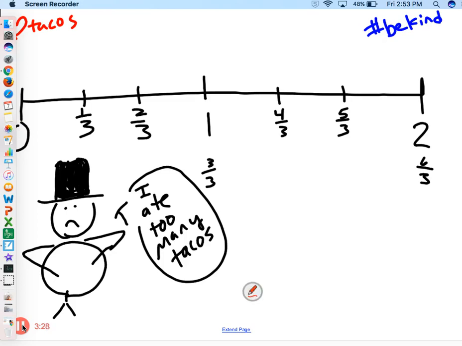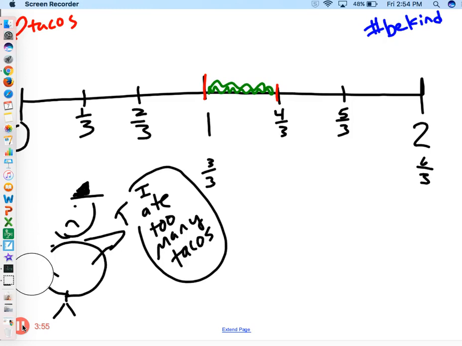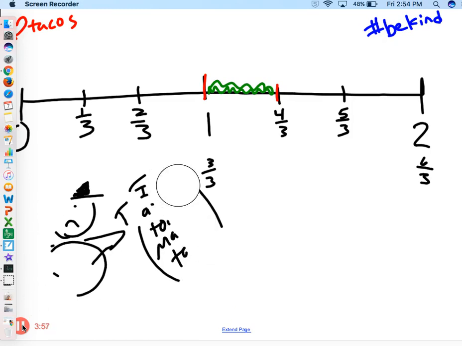I want to run at least a whole mile, but not 4/3, because I don't want to quite run 1 1/3 mile because, well, I might puke them back up. So I want to go on a run that is between 1 mile and 4/3 of a mile, which would be 1 1/3 mile. So what I need to do is find a fraction between the fraction to tell myself how far I'm going to run. So, bye-bye, big belly Mr. Knight.